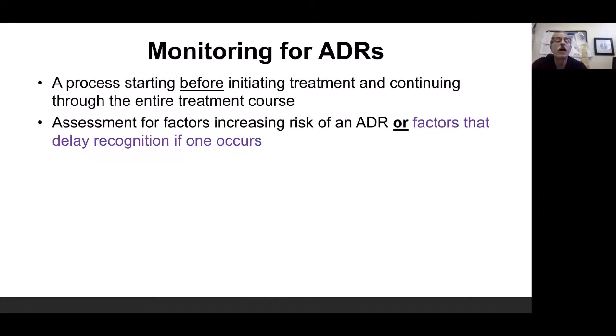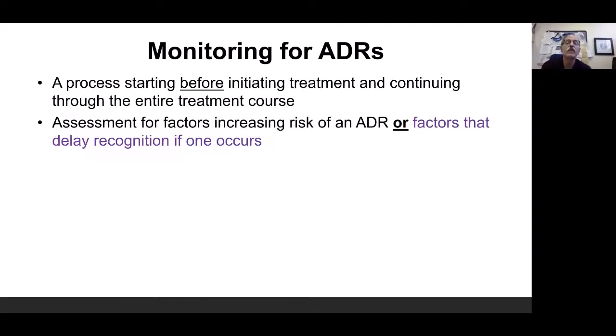And what you want to do when you are monitoring in your initial assessment is assess for factors that increase the risk of someone having an adverse drug reaction. What we're talking about today would be anti-tuberculosis medications.